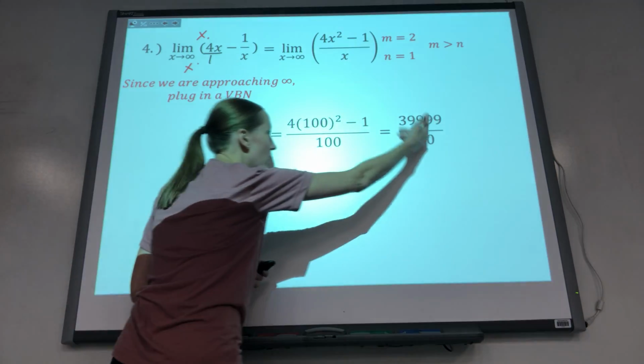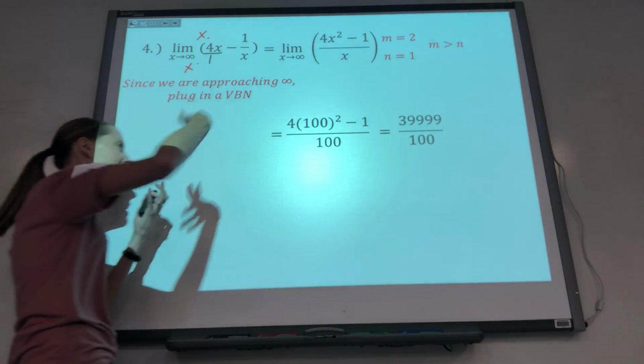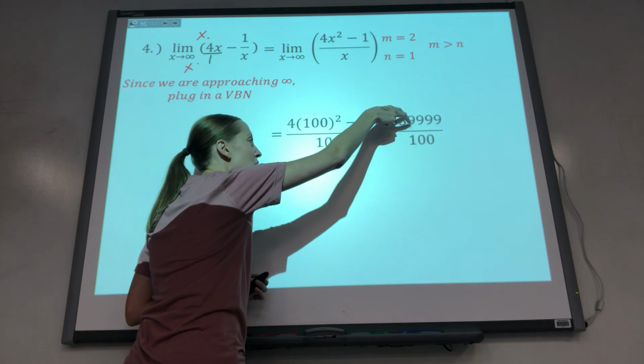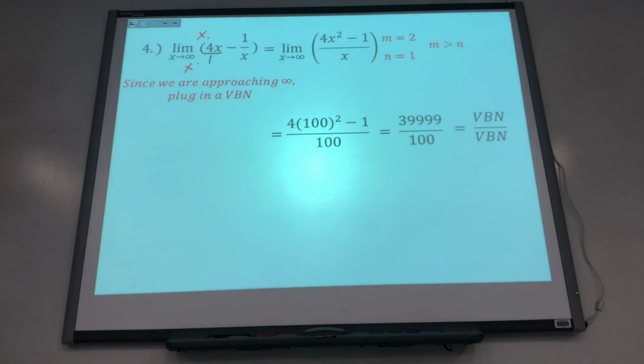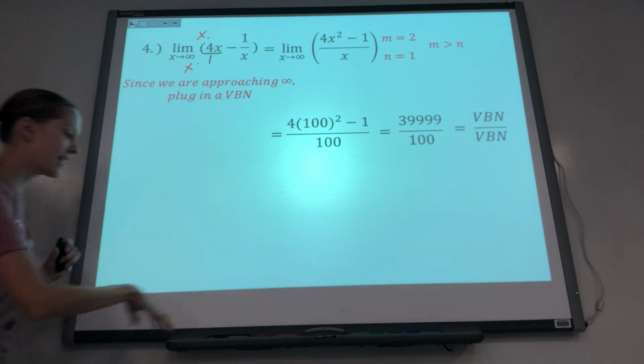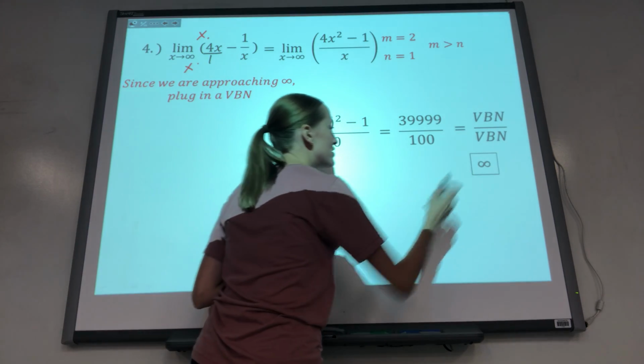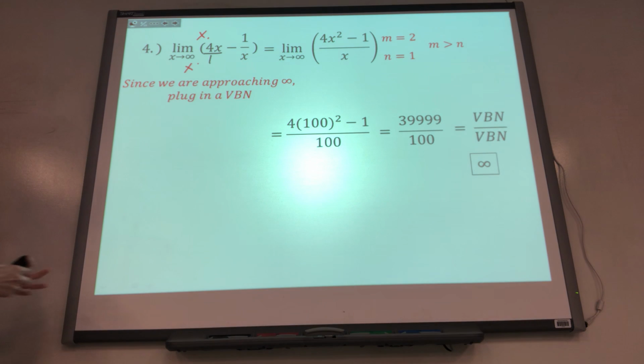I went ahead and put what it was, but again, it doesn't matter. Very big number divided by very big number, that is just going to give you positive infinity. It's like taking a positive divided by a positive, which is still going to be positive.